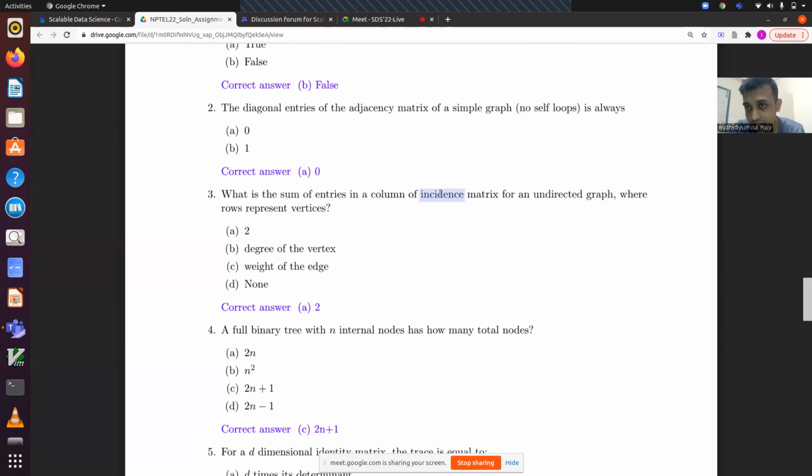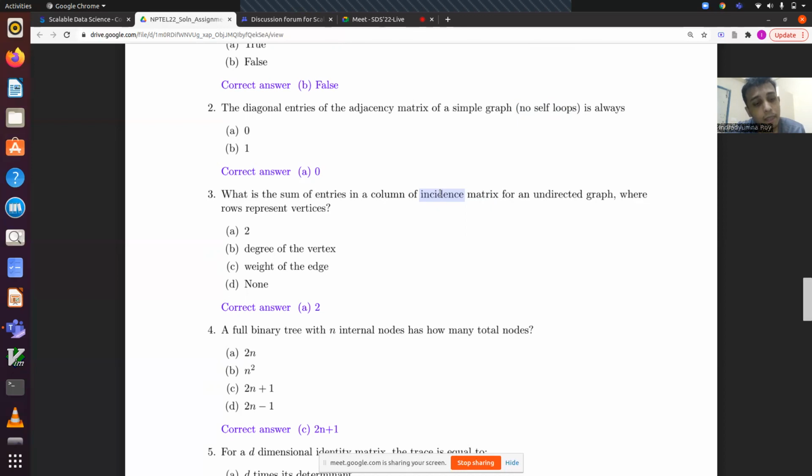The entries are the edge between the node of the row and the node of the column, right? That's the adjacency matrix. In the incidence matrix, the only difference is the rows are the same as before, but the columns are edges.